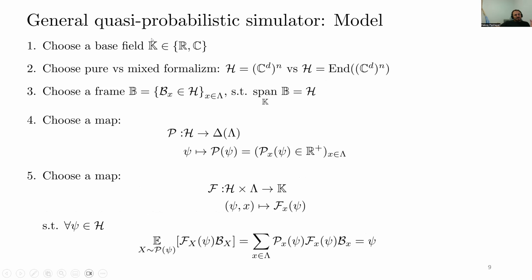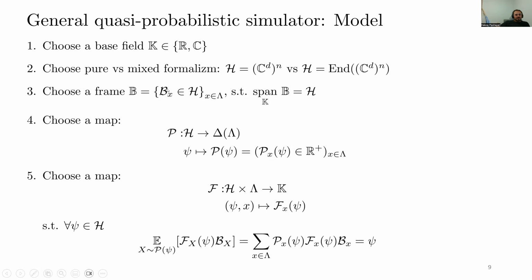So we have to make a bunch of choices before we can actually construct a simulator, and the first of these choices is to decide a base field, K, and that will either be R or C. And then we have to choose whether we're working in the pure state or the mixed state formalism. And this basically amounts to choosing your Hilbert space. Are you going to be n qubits, a ket, or are you going to be n qubits represented as a density state?